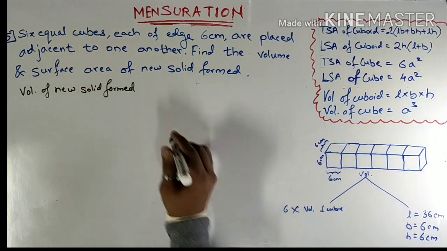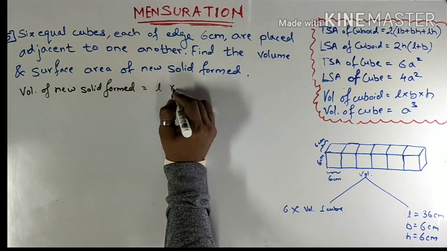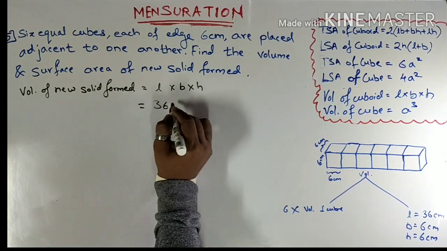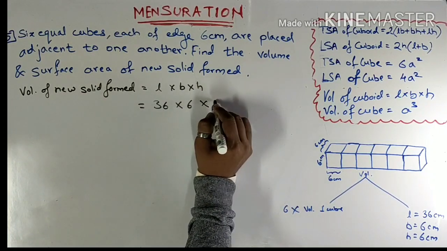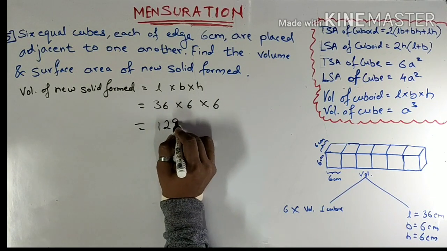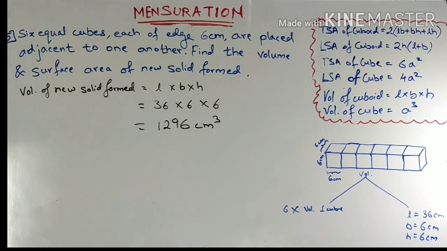I'll be using this method, which is nothing but a cuboid. So length into breadth into height. Length is 36, breadth is 6, and height is 6. So we get 1296 centimeter cube. This is the new volume.